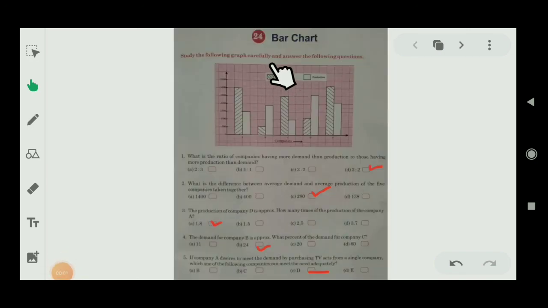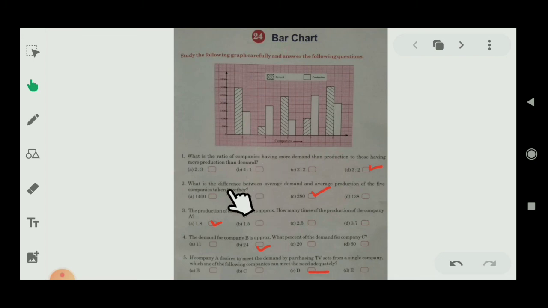Now students, let's see chapter number 24, that is bar chart. Before I start these questions, let's see the graph. Students, in this graph there are two bars: demand is represented by one and production by the other.